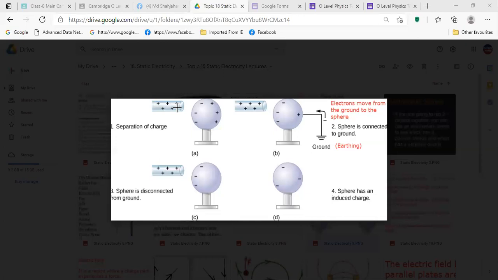Yeah, what we have to do if we eventually want to get positive charge distributed on this sphere uniformly? Can anyone please give your idea what we have to do?